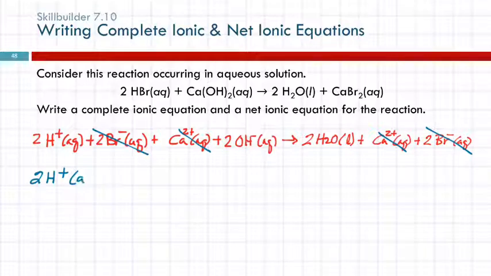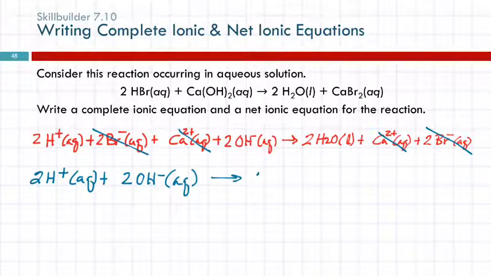2H plus aqueous plus 2OH minus aqueous, forming 2H2O liquid. That's the net ionic equation. What could we do to make that just a smidge better? Balanced chemical equations should have the lowest ratio of whole number coefficients.